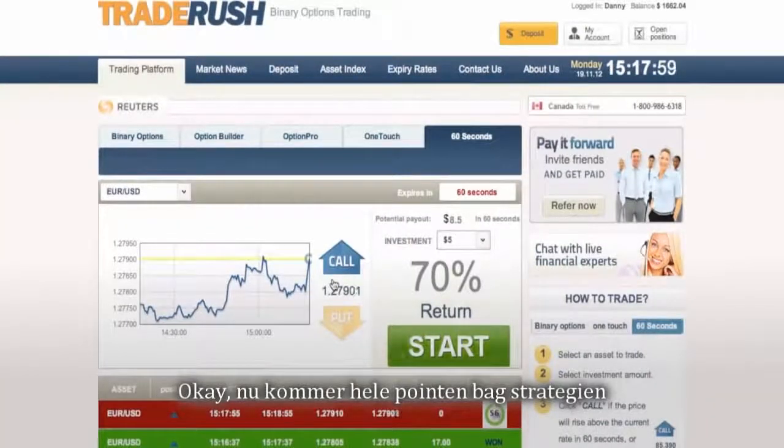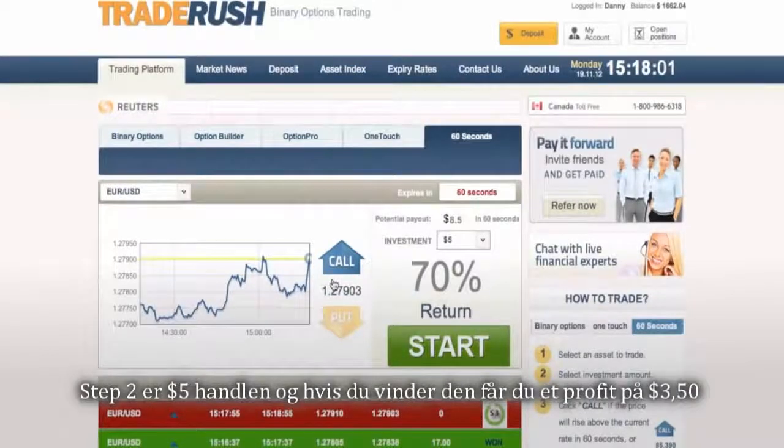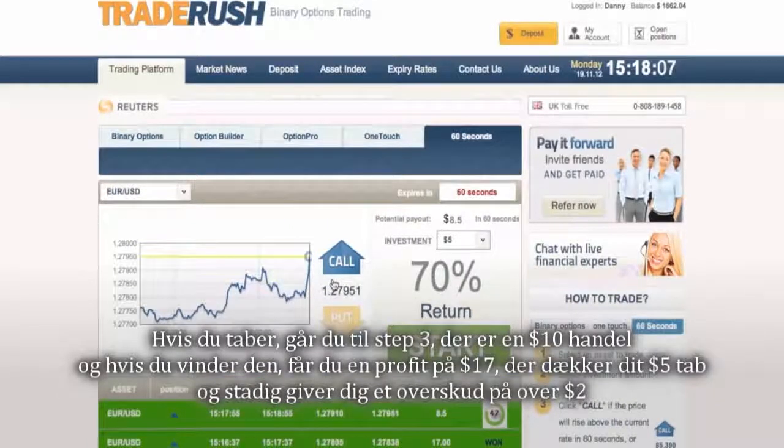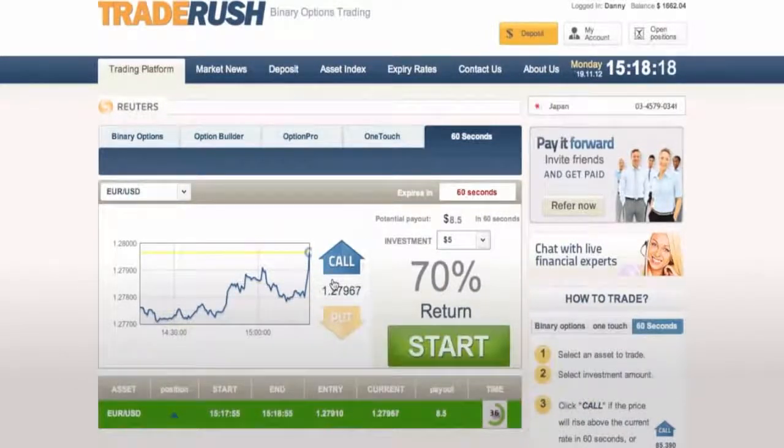Now, this is the whole point behind this strategy. Step 2 is the $5 trade, and if you win that, you get a profit of $3.50. Now, if you lose, you go to step 3, which is a $10 trade, and if you win that, you make a profit of $17, which covers your $5 loss and your $10 investment while still giving you a profit of $2.